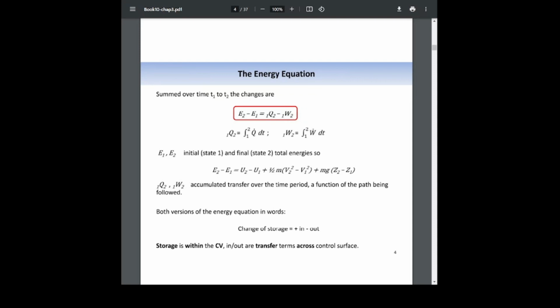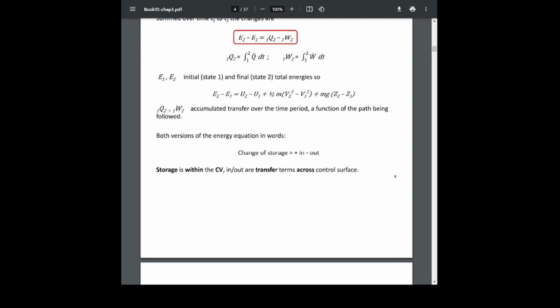That's why it's an integral, not just a constant value times time. So this is important, pay attention to this. Essentially, for both equations, we're talking about the change in storage, and it's just whatever's coming in minus whatever's going out.